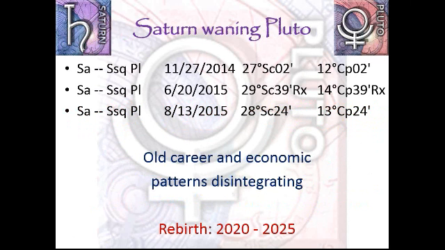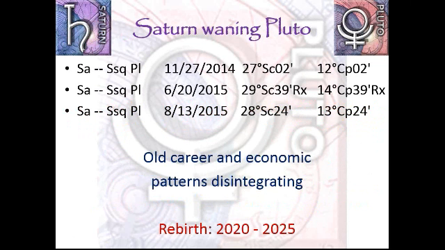We do have Saturn, Pluto aspects that are going on with this Pluto retrograde. And basically, these are the waning semi-squares. This is moving to balsamic phase, Saturn to Pluto. And you can see the dates and the degrees.